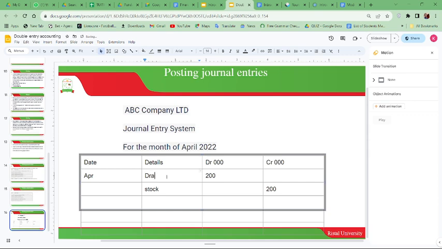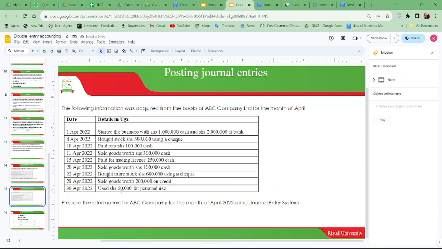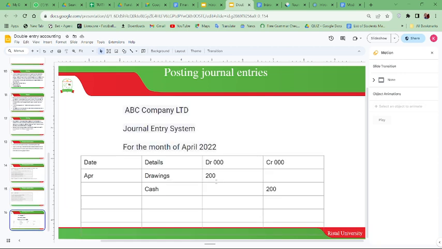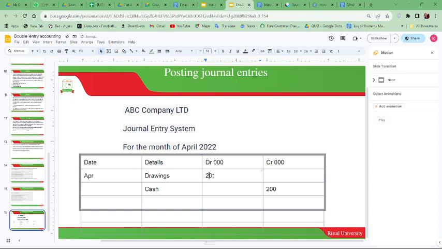We have drawings and here we have cash. The amount is 50, and 50.